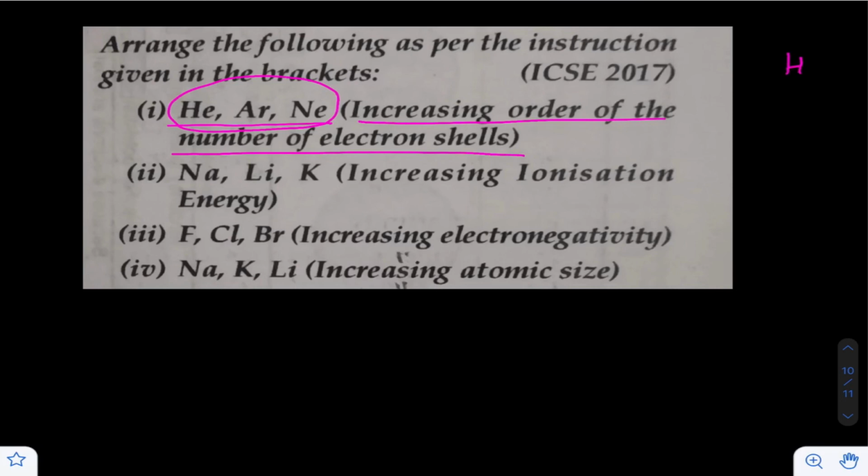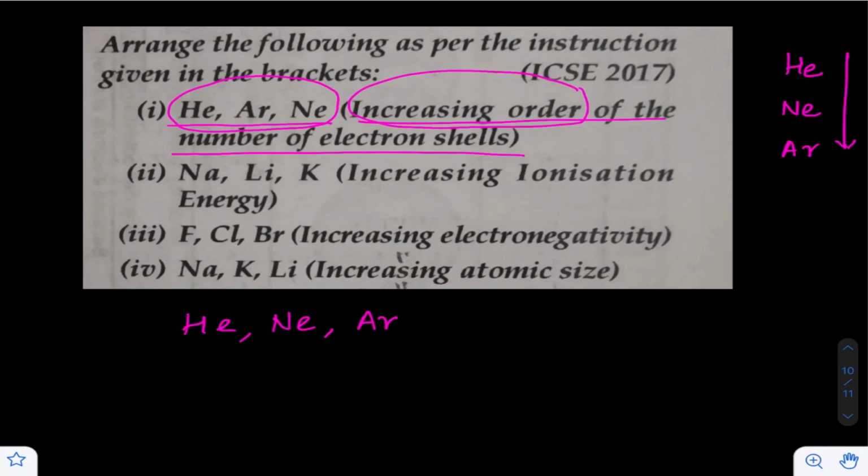They are from the same group: helium, then neon, and then argon. Down the group, the number of shells increases. They are asking for increasing order of number of shells, so it means helium, then we will write neon, and then argon. So this is the answer of the first part.